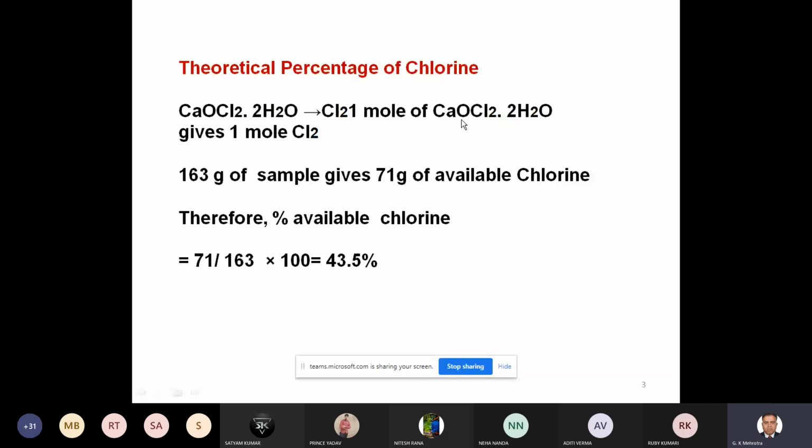So according to the formula CaOCl2·2H2O, 163 grams of sample should give you 71 grams of available chlorine. Therefore, percentage available chlorine is 71 divided by 163 into 100, 43.5%. Theoretical should be this, but we will see more how to determine it.